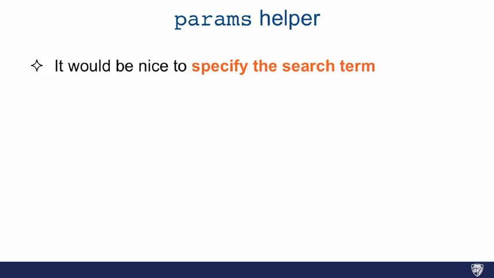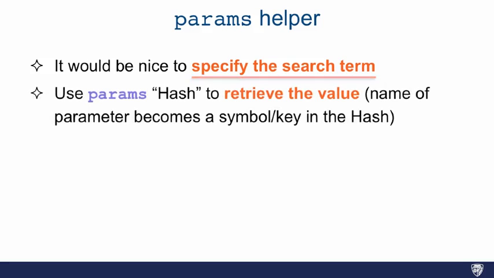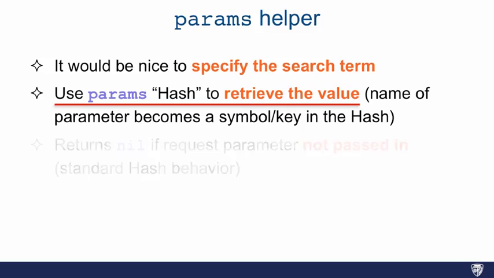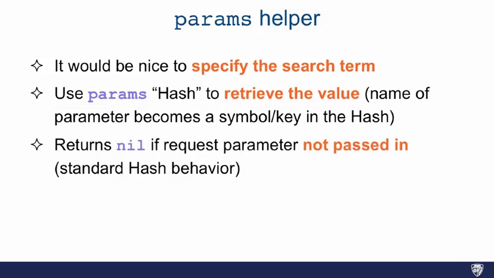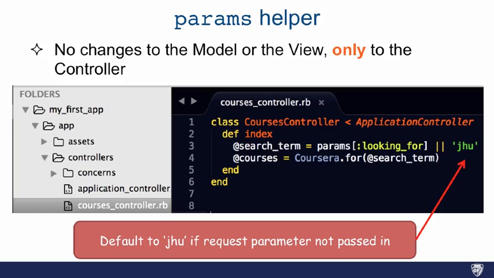Now, the next thing we want to do is specify the search term. The params hash in Rails is just the helper we're looking for, and it's basically a hash that parses the value of a parameter and becomes either a symbol or key in the hash. If the key does not exist, nil is returned, which is the standard hash behavior.